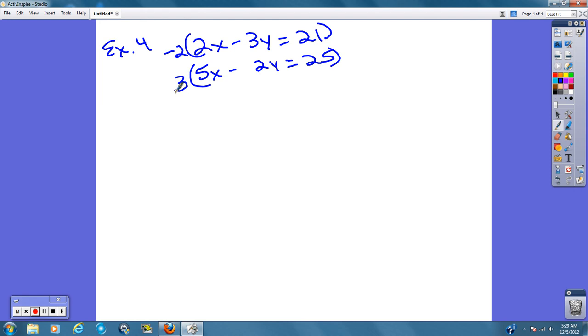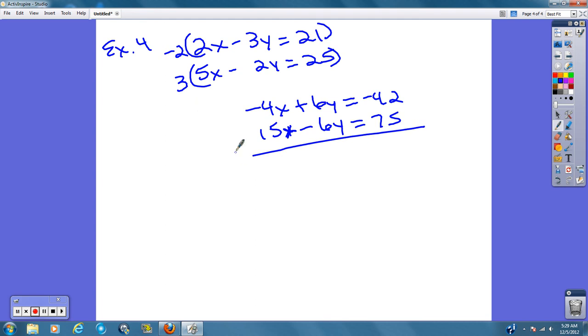The reason they're not the same sign is because I need one of them to go away. So the first equation, I'm going to have a negative 4x plus 6y equals negative 42. And the second one, I'm going to have 15x minus 6y, that's an x, sorry, equals 75.